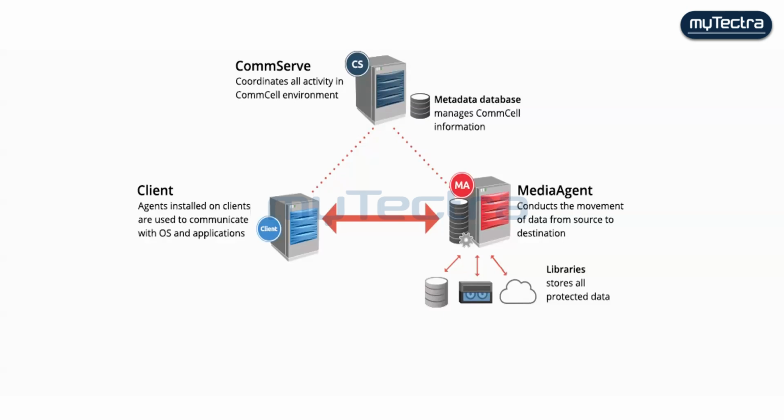The ComServe server is actually the heart of our ComCell environment. If the ComServe server is down, we can't communicate with the media agent, the clients, or any of the storage resources. Under that ComServe, we connect the media agents, storage resources, and clients.